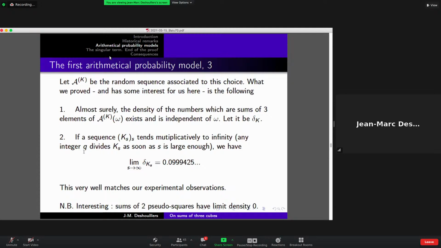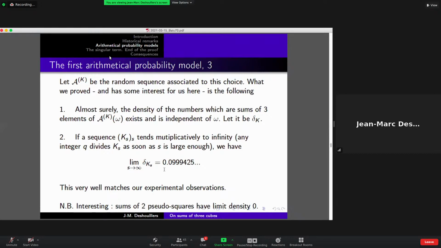Multiplicatively to infinity means that any integer q will divide k_s as soon as s is large enough. So you take such a sequence, and then we have a limit, whatever the sequence you choose, with only this property, and this limit is 0.09999425.